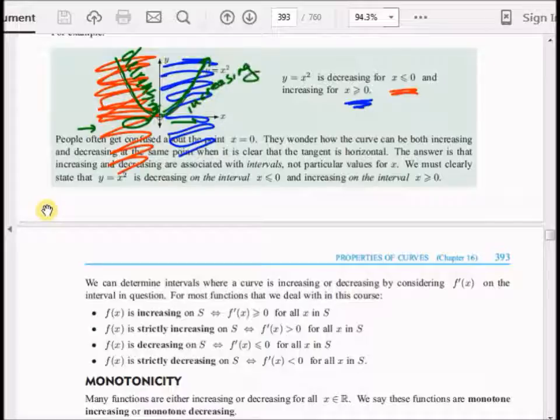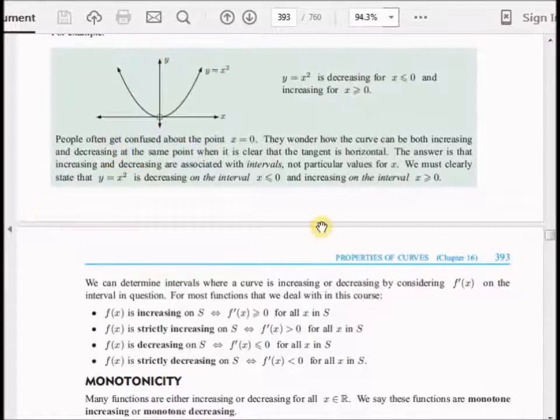Sometimes we might get confused at this turning point here. Just remember that the turning point belongs to both the decreasing part and the increasing part. So once again, this function is decreasing when x is smaller than or equal to 0, and increasing when x is bigger than or equal to 0.